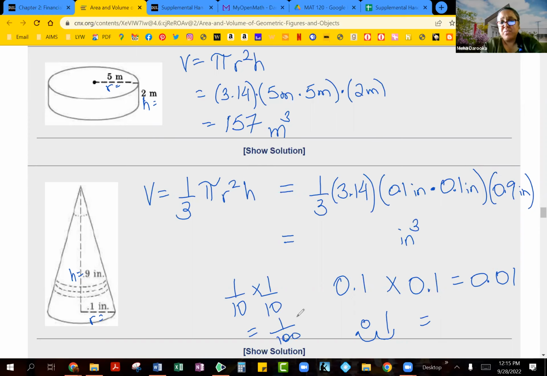So even just working with decimals, your product does become smaller, because you're multiplying smaller numbers, which means you end up making your denominators larger than your numerators.